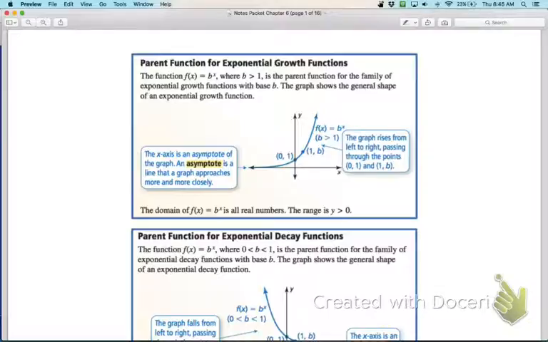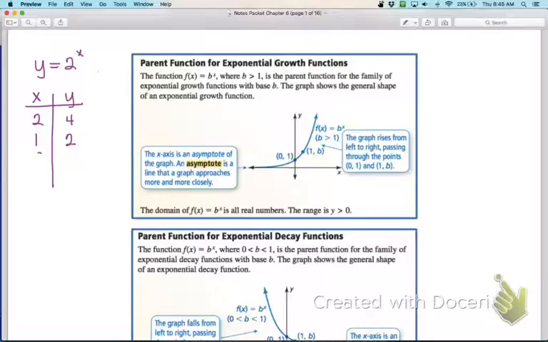Let's think about why it would never actually get there. If I have, let's just say, y equals 2 to the x. Let's think of a small base here. Let's go in reverse. If I do positive 2, I do 2 to the second power, which is 4. If I do positive 1, that's 2 to the first power, which is 2.